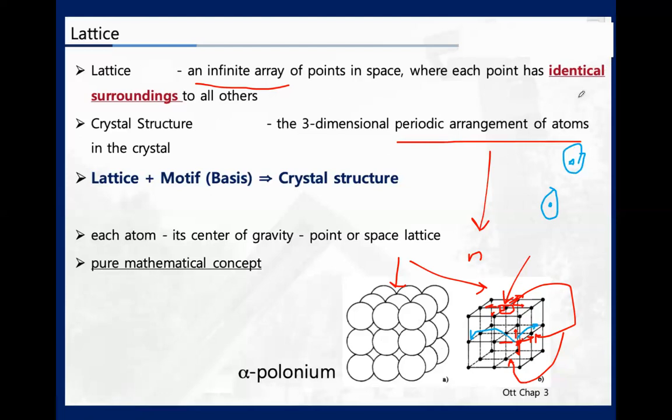This type of identical surrounding we call lattice points. These are individual points in the lattice, and you can call them lattice points if they are very systematically arranged. If a point has identical surroundings, you can technically term it a lattice point. All the points may not be lattice points, but in a cube like here it's always the same, because it's very isotropic.